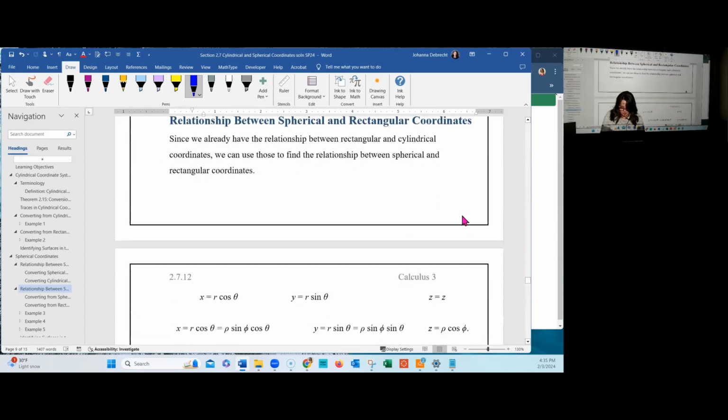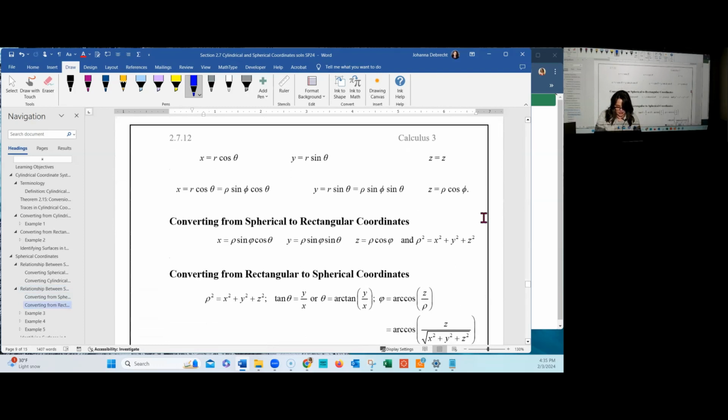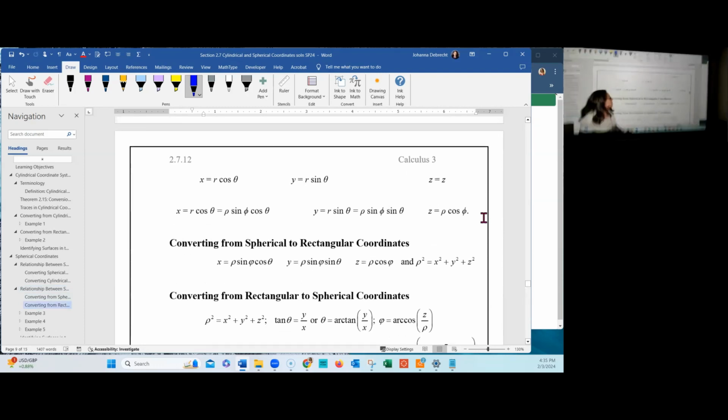Let's now look at the relationship between spherical and rectangular. Spherical and rectangular, remember that x is r cosine of theta, and y is r sine of theta, and z is just z. Now r, remember, r is rho sine of phi. So let's add that up here, rho sine of phi.